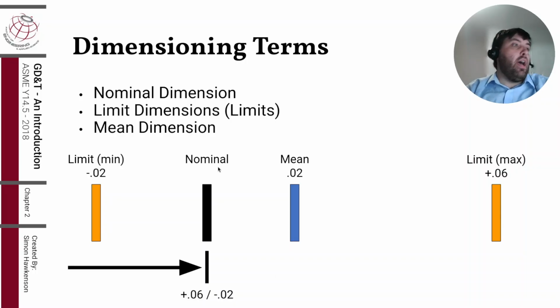So in this particular example, we have our nominal dimension here, which is toleranced plus 0.06 minus 0.02. The minimum limit is the nominal dimension minus 0.02. And the max limit is the nominal dimension plus 0.06. And the mean dimension is right between both of them, so it would be plus 0.02 in this particular instance.